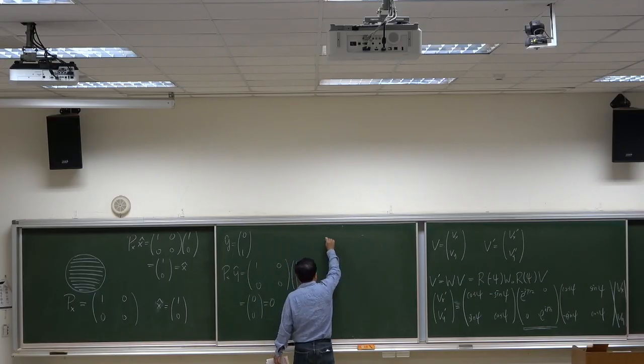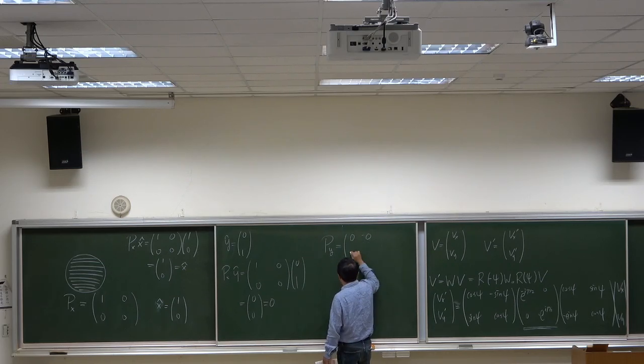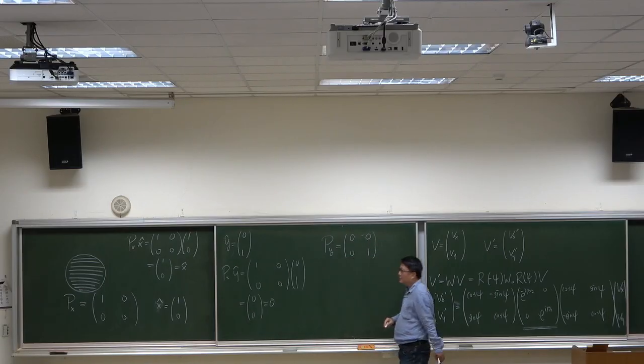So now you can easily understand the y polarizer can be represented as this matrix.